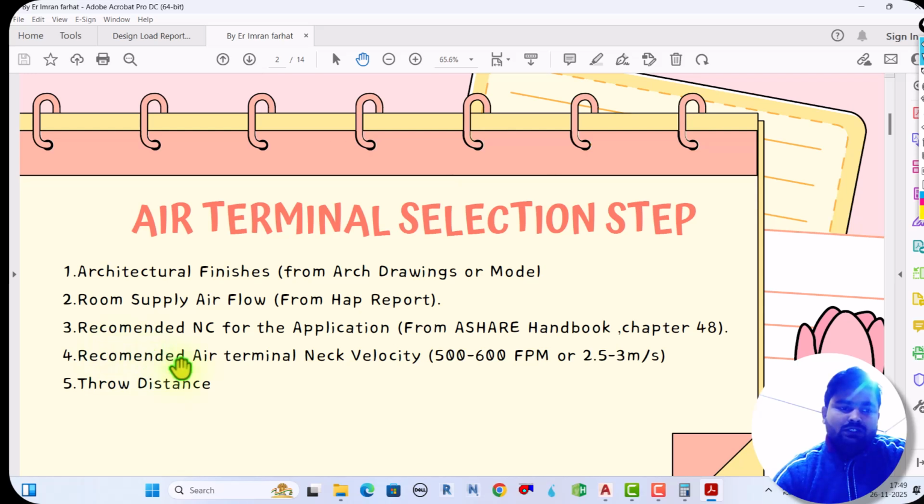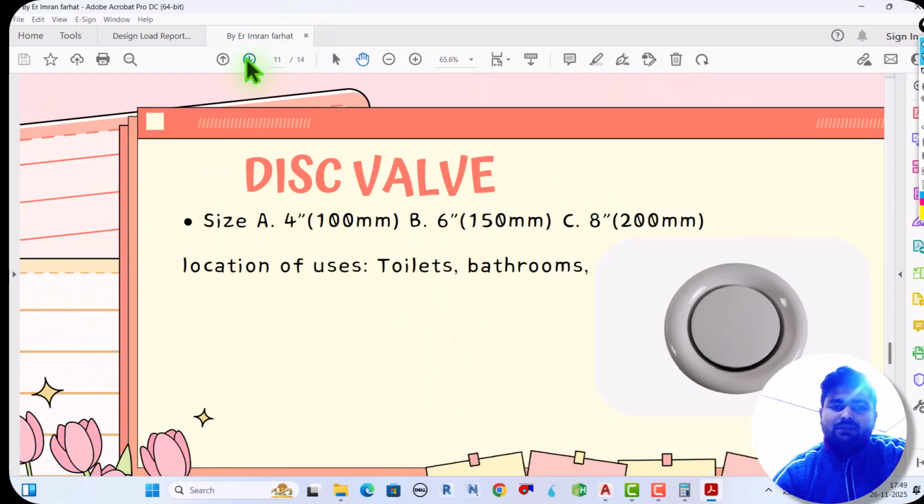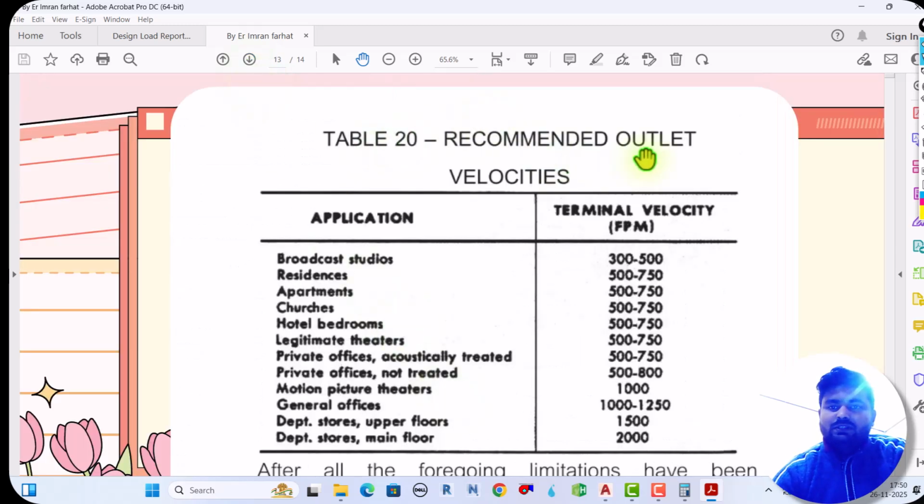And the fourth is recommended air terminal neck velocity. Okay, the neck velocity, see, as per the Carrier manual, as per the recommended outlet velocity, this data is taken from the Carrier manual, chapter 3 and page number 72. Okay, this table.